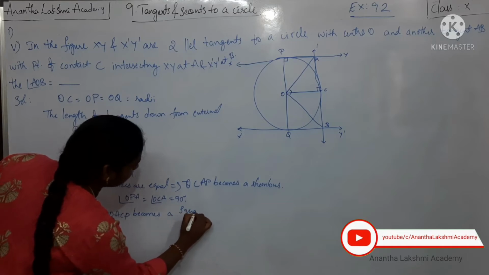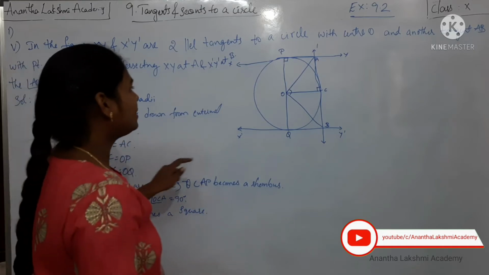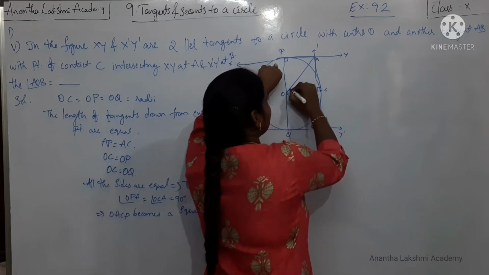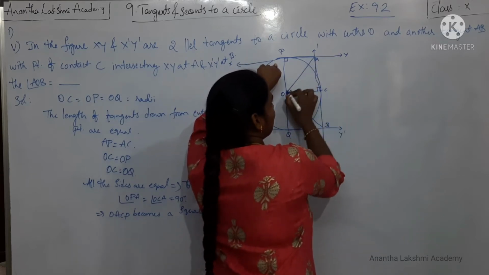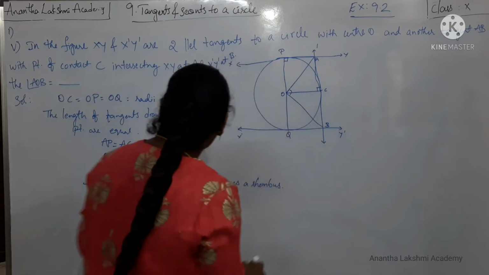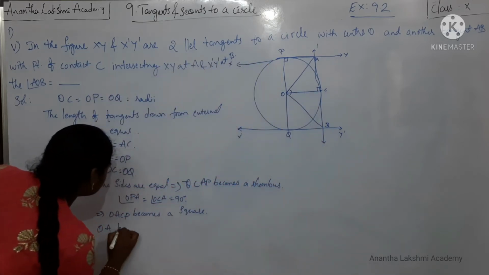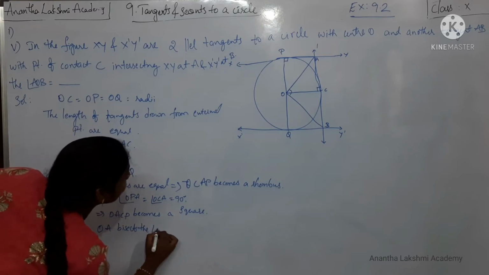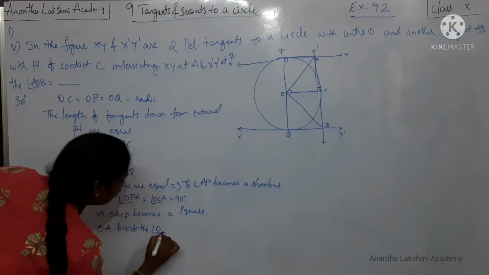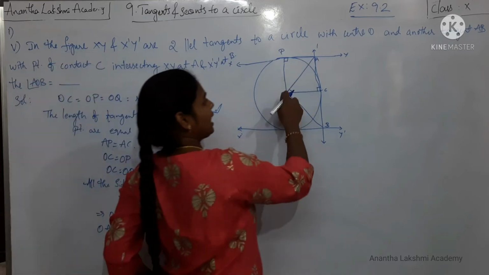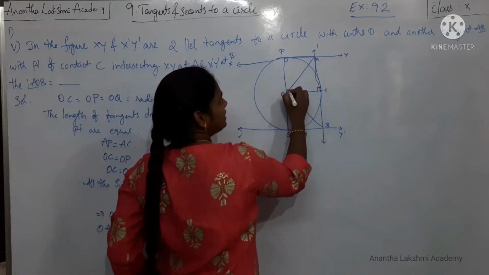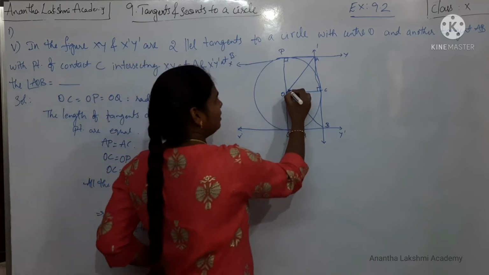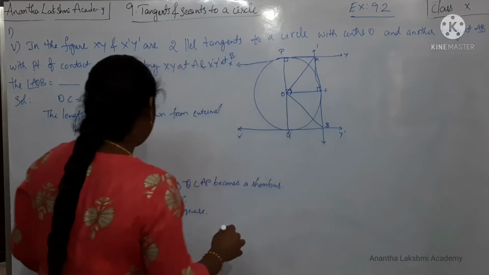When this becomes a square, the diagonal OA bisects angle O. In a square, all the angles are equal, right? This angle is also 90 degrees.